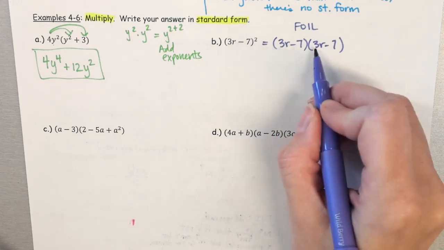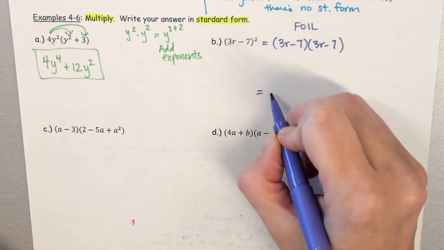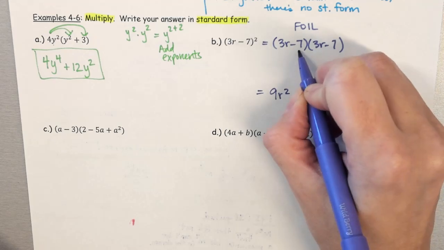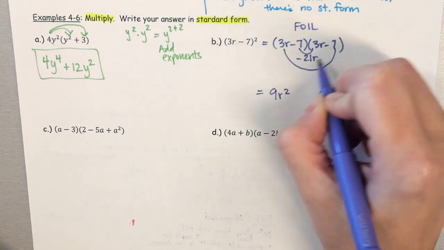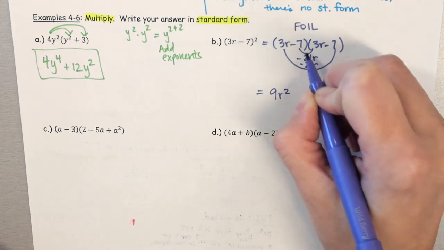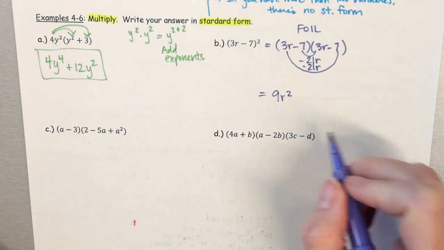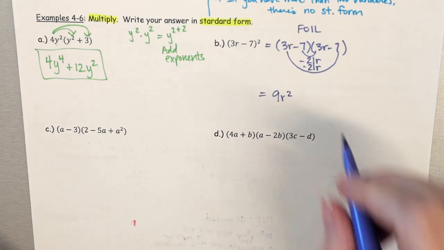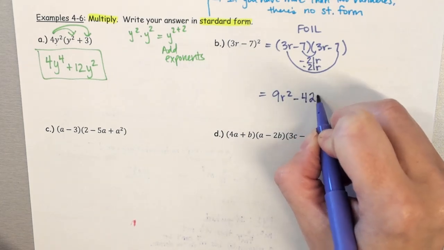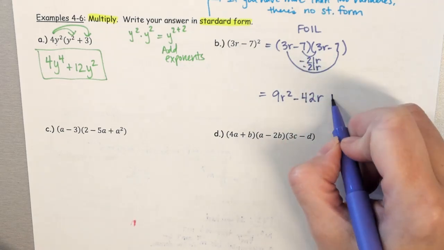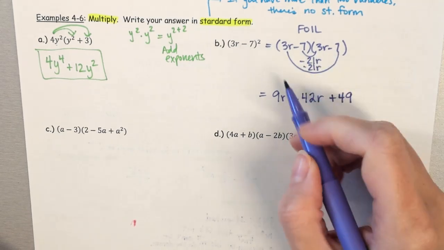Right? So what's 3r times 3r? 9r squared. And then don't forget here, this middle value and this outside value are going to double. It's a negative 21r minus 21r. So your total in the center is what? Negative 42r. And then a negative times a negative is a positive.